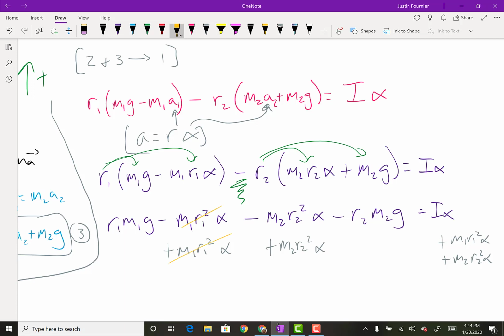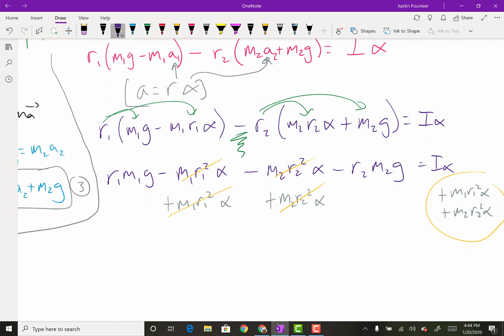These will cancel, and then these will be left over here. So this will leave me with R1M1G minus R2M2G equals I alpha plus M1R1 squared alpha plus M2R2 squared alpha.